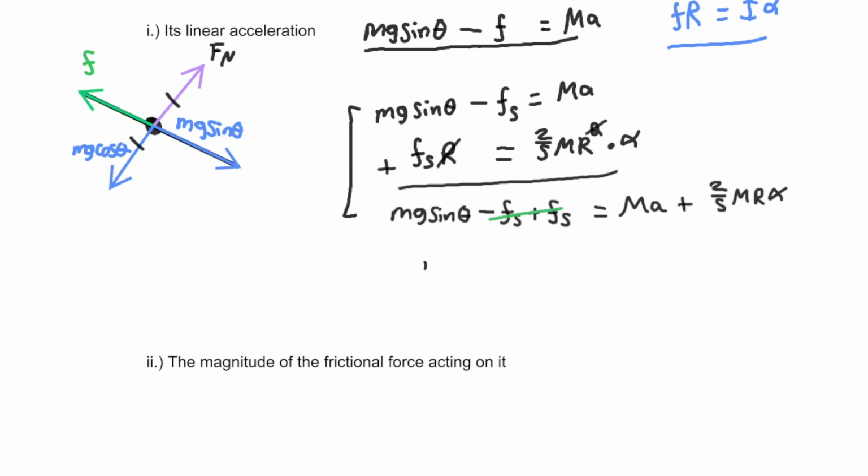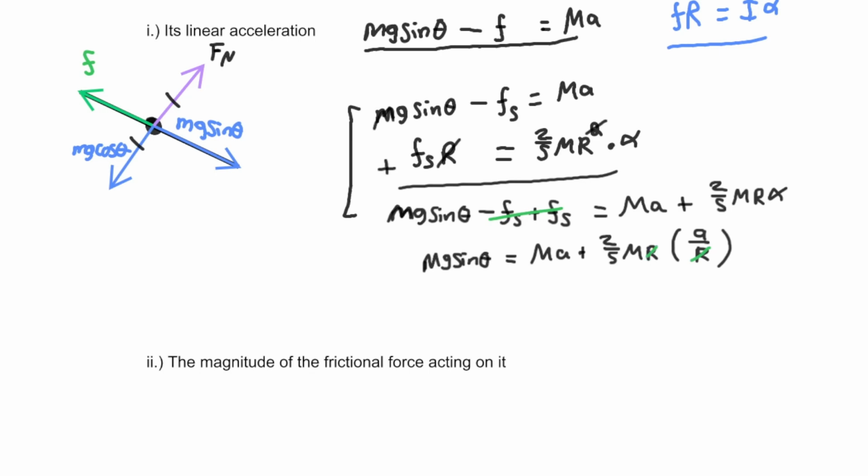Then we get capital M, capital M, so we get mg sine theta equals ma plus 2/5 mr times a over r, because alpha is a over r when we're not slipping. Cancel, cancel.